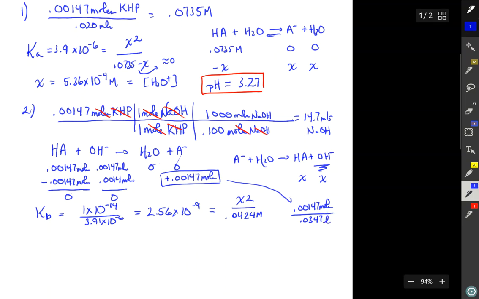That's how many liters we have, and that will be equal to this 0.0424 molar amount. And that's where that came from.